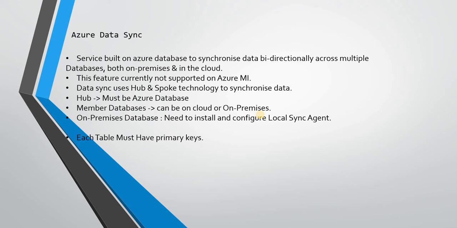If you are synchronizing the data between an on-premises database and an Azure database, then you need to install and configure the local sync agent. This is mandatory. Without that, it would not synchronize the data. Another requirement is that each table must have a primary key.